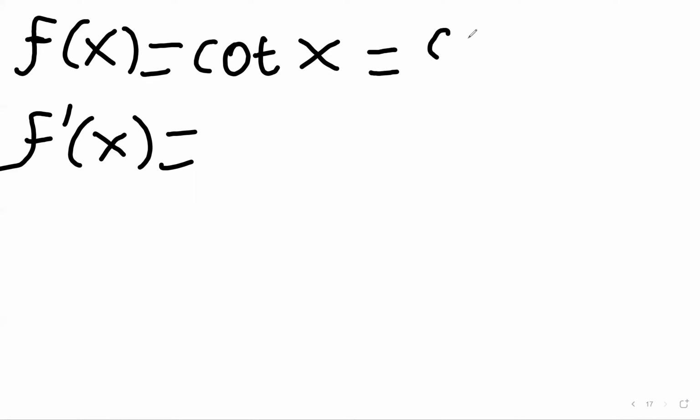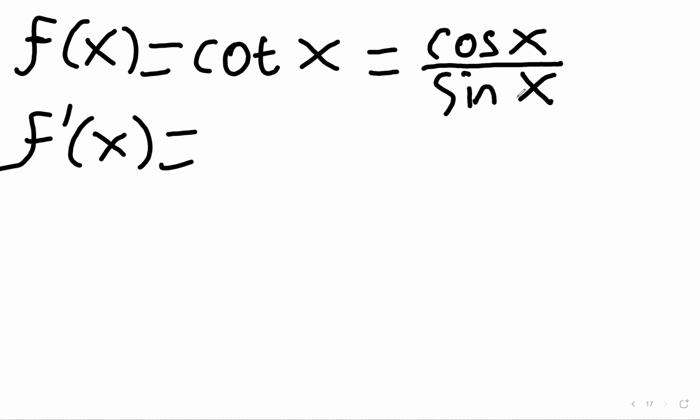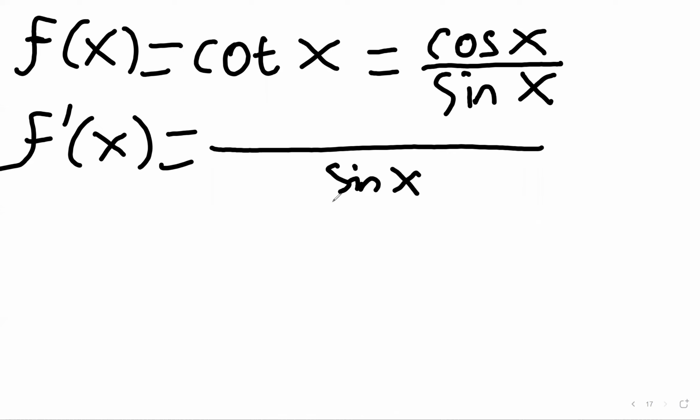Cotangent of x is written as cos x over sine x. Good. So first write it as cosine of x divided by sine of x, and then the next step will be applying the quotient rule. Our first function here is cosine of x, and the second function is sine of x. We have sine of x squared in the denominator, and then what is the formula?